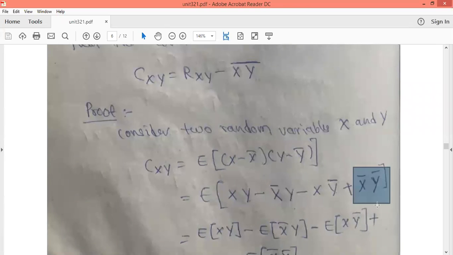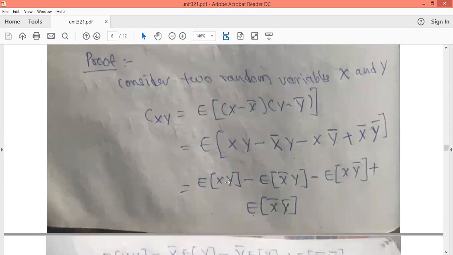Now we apply this expectation to each and every term inside this bracket, so that you get the expected value of xy minus the expected value of x bar y minus the expected value of x y bar plus the expected value of x bar y bar.